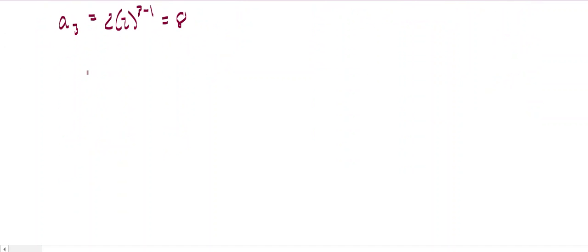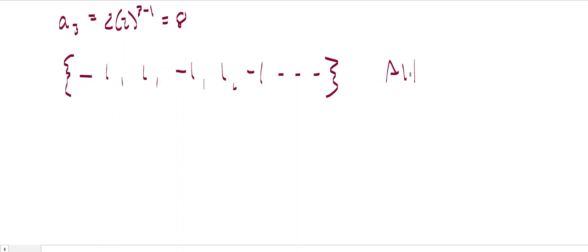Another thing that's nice to look for is if you have a sequence such as this, where you have alternating signs. This is called an alternating sequence.